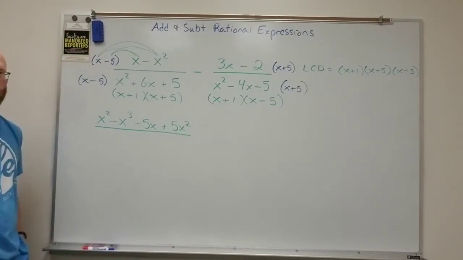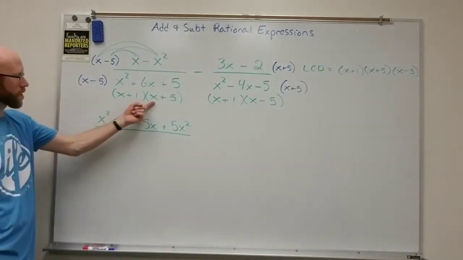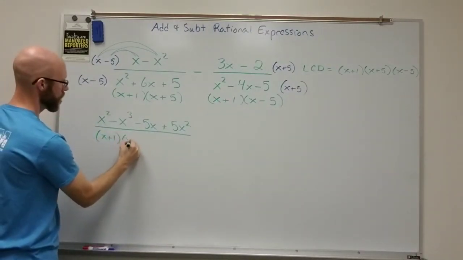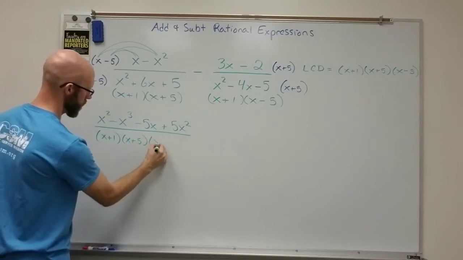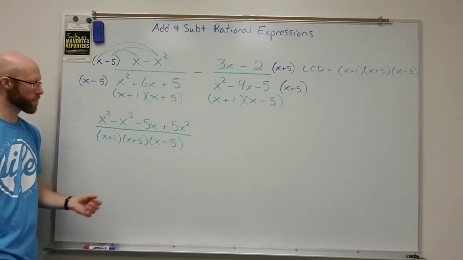Okay, so that's my numerator. It's quite a bit bigger than we've been looking at now. My denominator, again, is just the three factors, x plus 1, x plus 5, and x minus 5. Again, the order doesn't matter because we're just multiplying those.